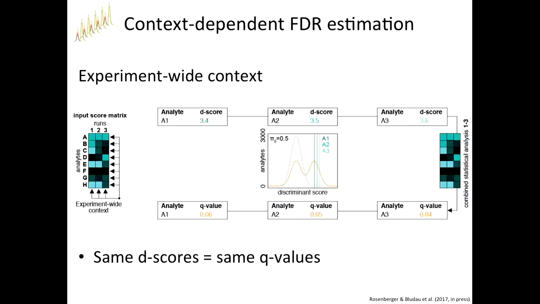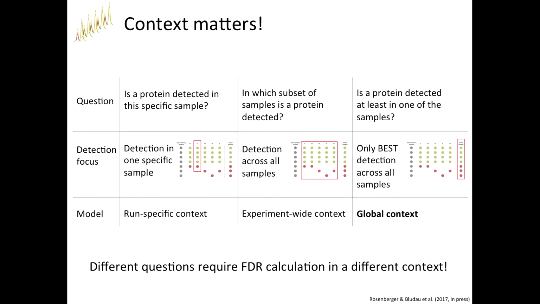So these do still not cover the problem of error accumulation across the runs. So there's a third question that you could want to answer, which is whether a protein was detected in at least one of these samples, and you want to report the global set of proteins that you could detect. For this, you're only interested in the best detection across all these samples, and this is what we call the global context.